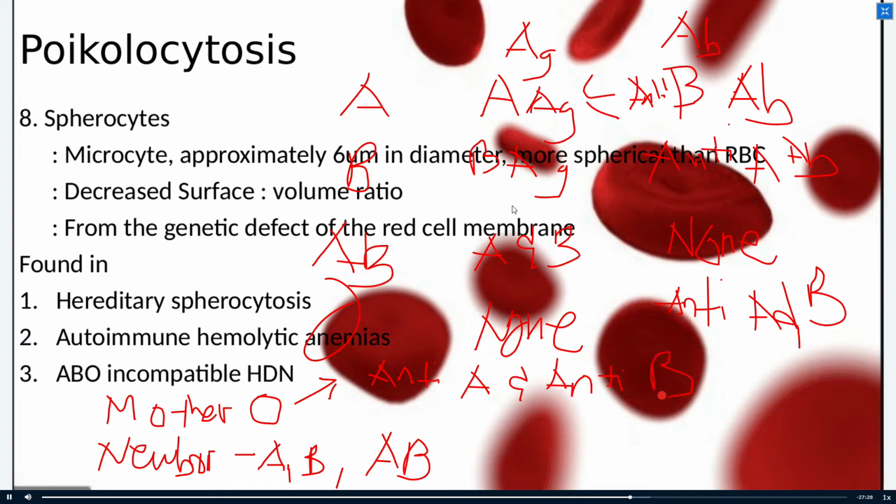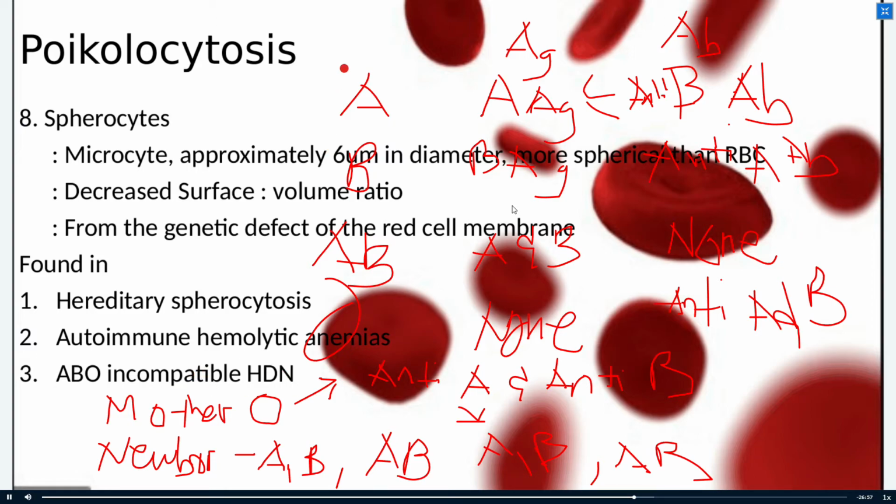Now, what antigens does your newborn have? So you have A, B, or AB. Depende sa blood type. So if let's say the newborn is blood type A, the anti-A would attack the A antigen, causing your incompatible HDN.